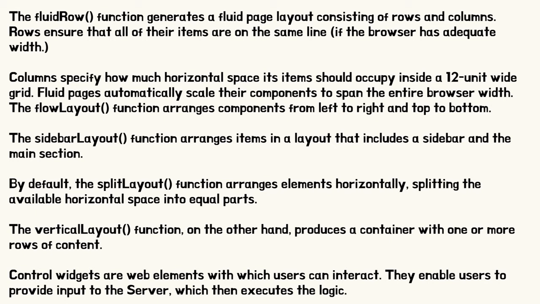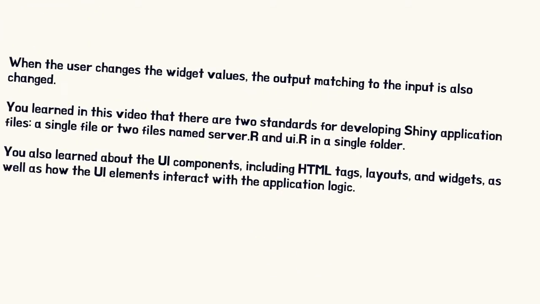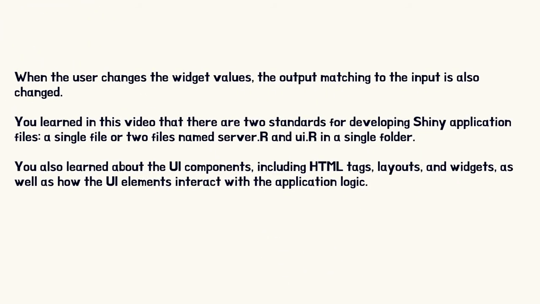The verticalLayout function, on the other hand, produces a container with one or more rows of content. Control widgets are web elements with which users can interact. They enable users to provide input to the server, which then executes the logic. When the user changes the widget values, the output matching the input is also changed.